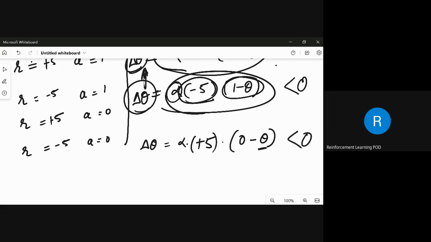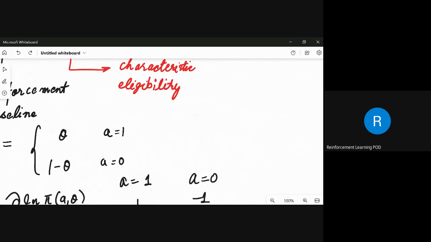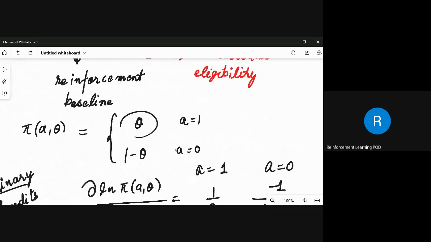Because theta is greater than or equal to 0 and the rest of the two quantities are positive. That means we are going to decrease theta. When I took the other action, A equal to 0, I received a positive reward. I'm reducing theta, right? I'm reducing theta, and by that, this quantity will increase.